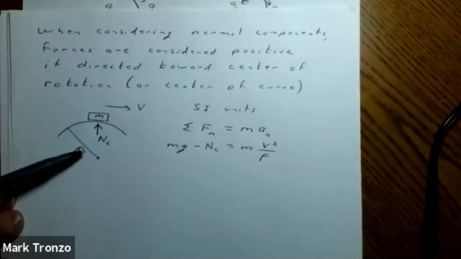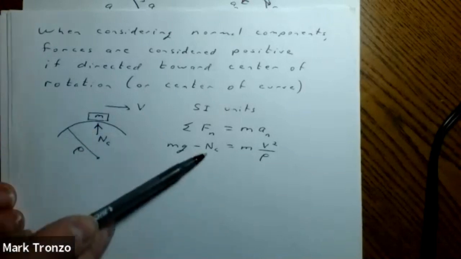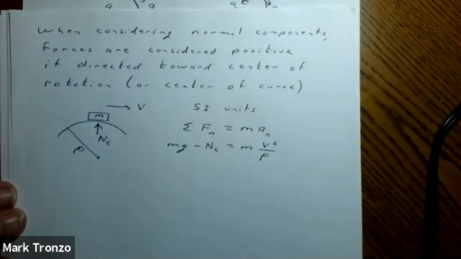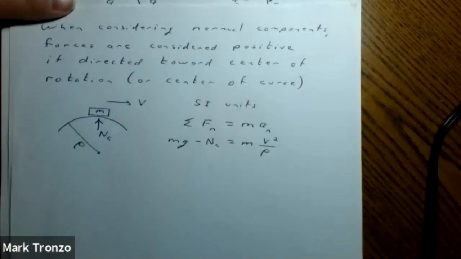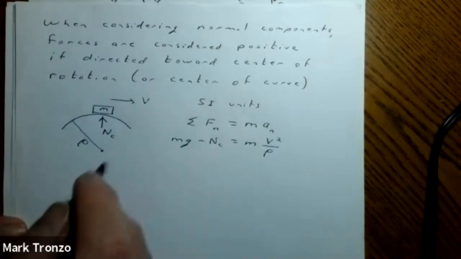If it's pointed away from the rotation, you put it negative in the equation. That's the way to think of it.